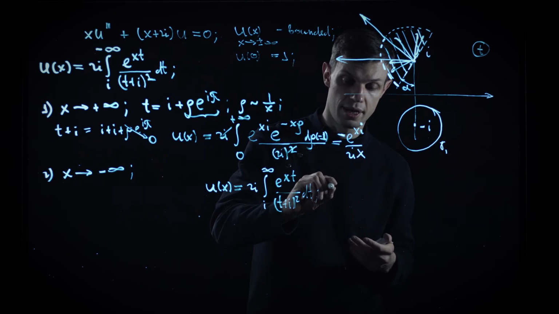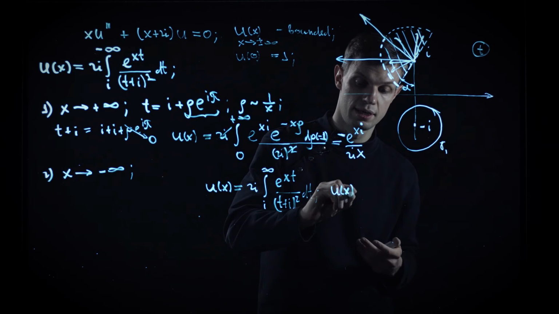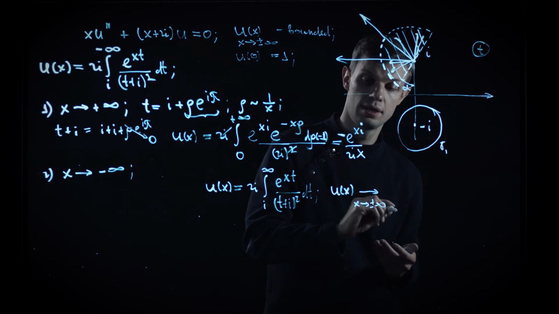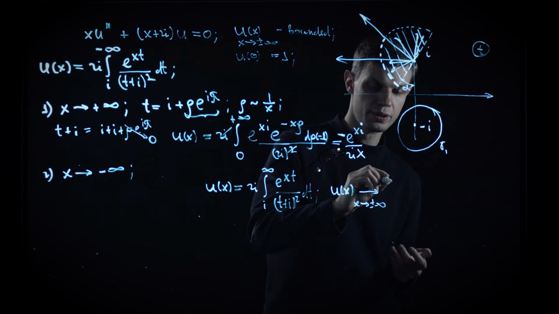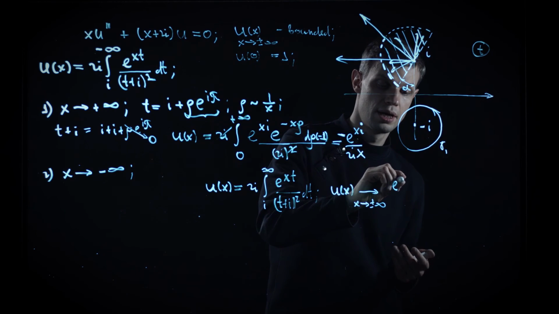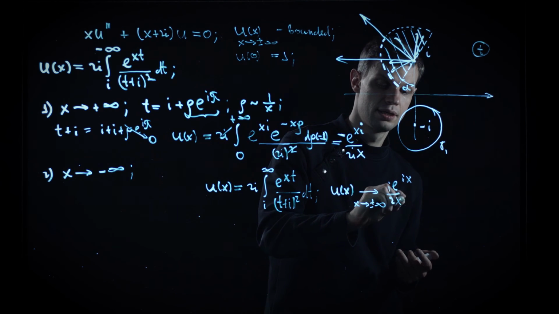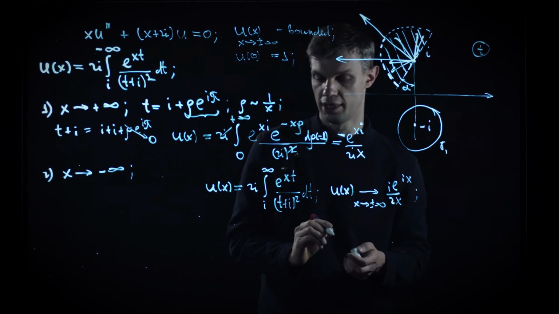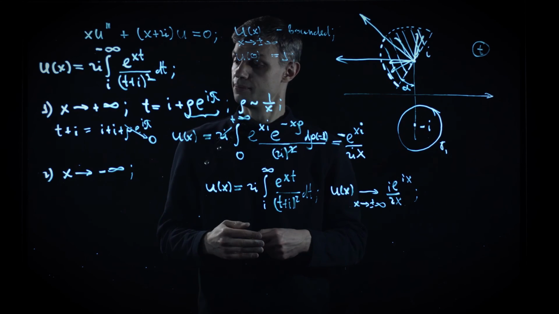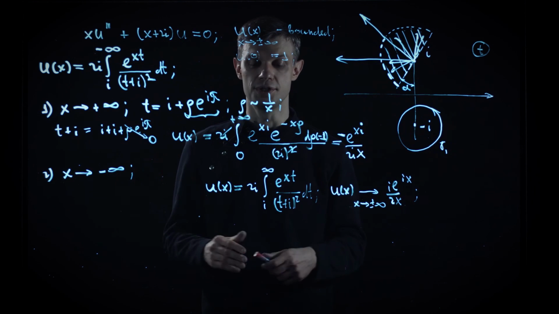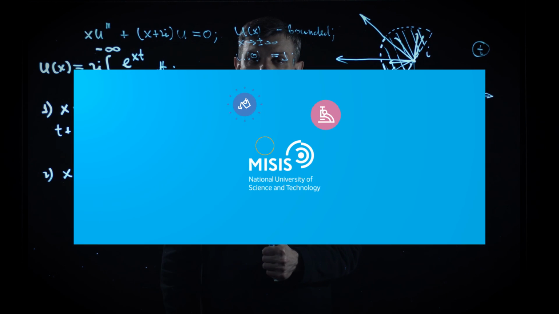So, here it goes. U of x at x tending to plus and minus infinity equals e to ix i divided by 2x. That's it for today. I hope you enjoyed it, and let's switch to other discussions.